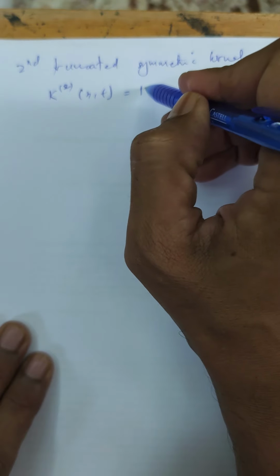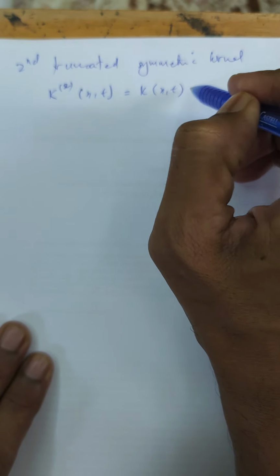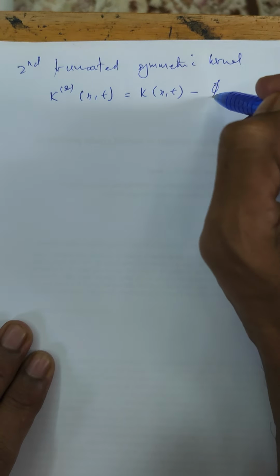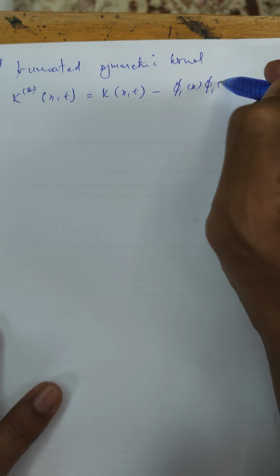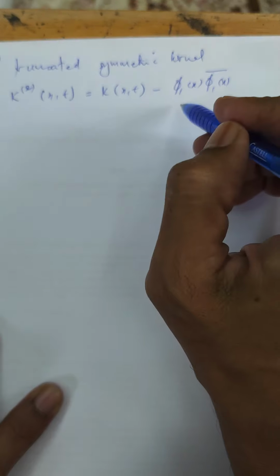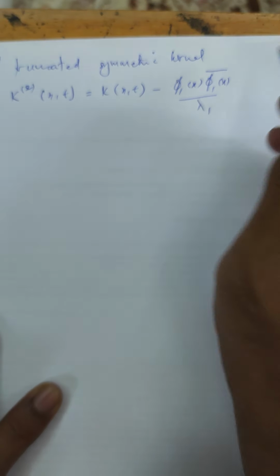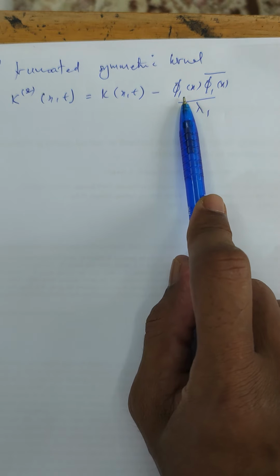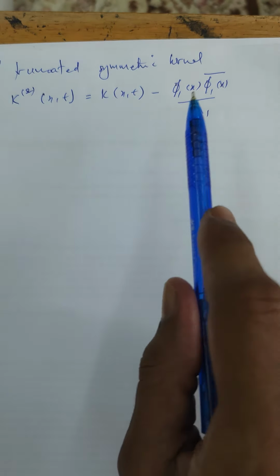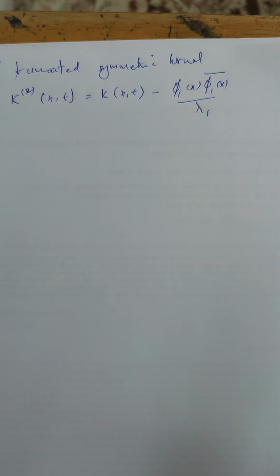This is equal to K(x,t) minus phi 1(x) phi 1 bar(t) over lambda 1, where phi 1 is the eigenfunction corresponding to eigenvalue lambda 1.